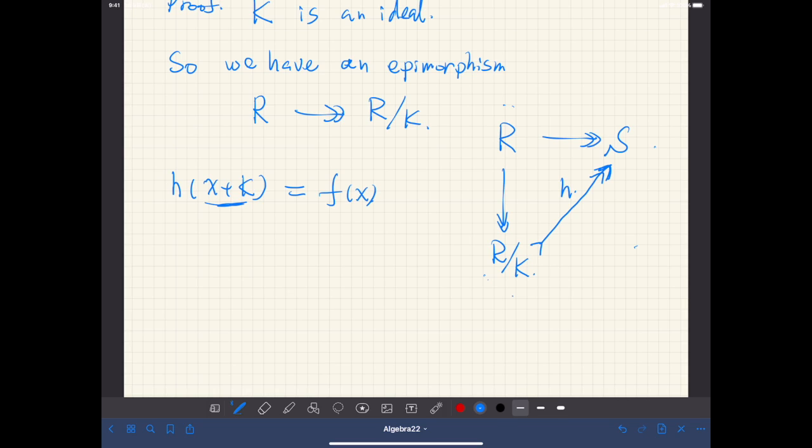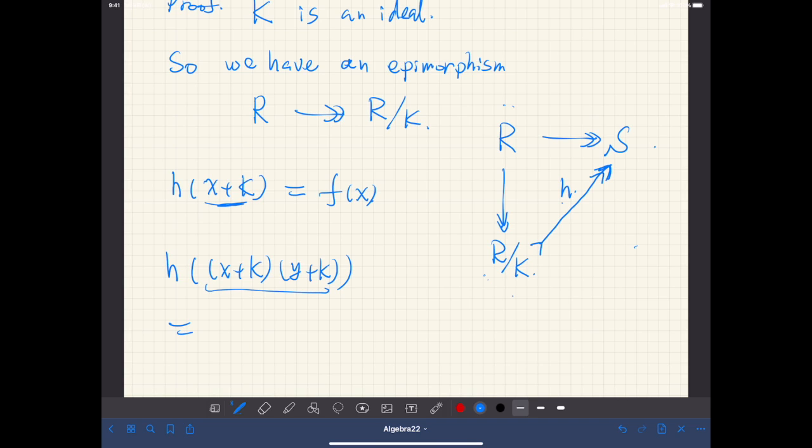What we need to show is that this h is also a ring isomorphism. To do that, we need to show that h preserves multiplication. So h of (x plus K)(y plus K).